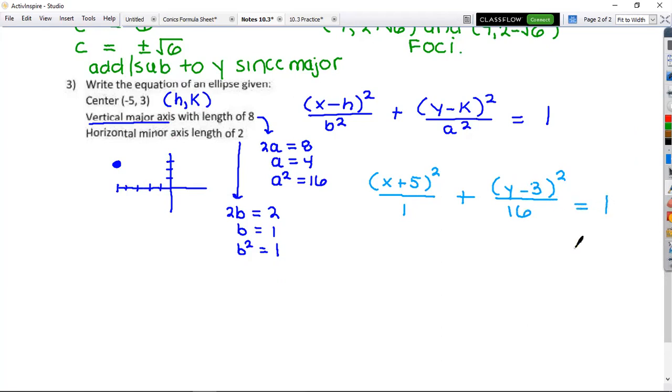All right, so this is your solution. But again, the pictures I think are very helpful sometimes.